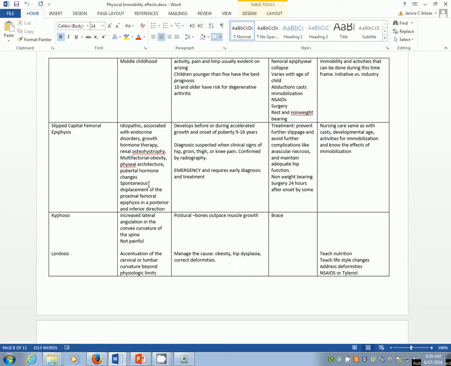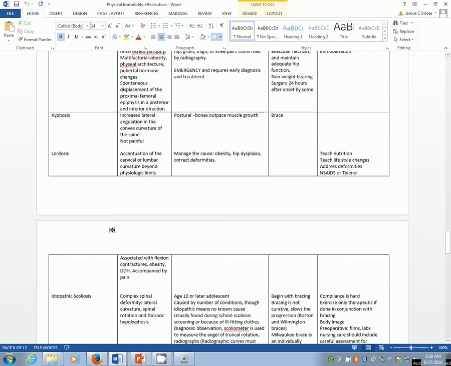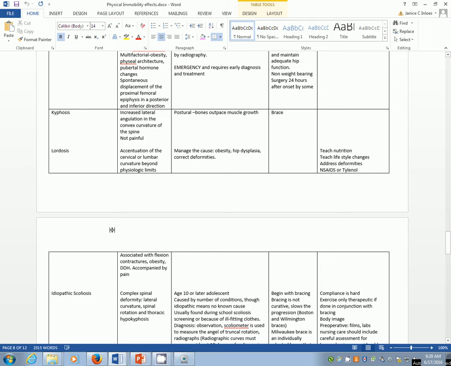Kyphosis, lordosis, and scoliosis all fall in the category of spine deformities that they acquire. Kyphosis is usually just a postural one where the bones are outgrowing the muscles, and the muscles can't really hold up the body.